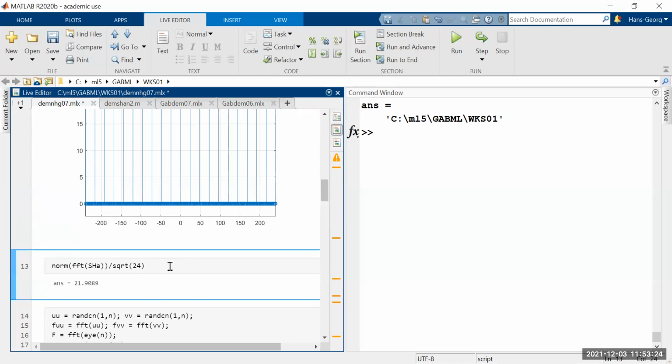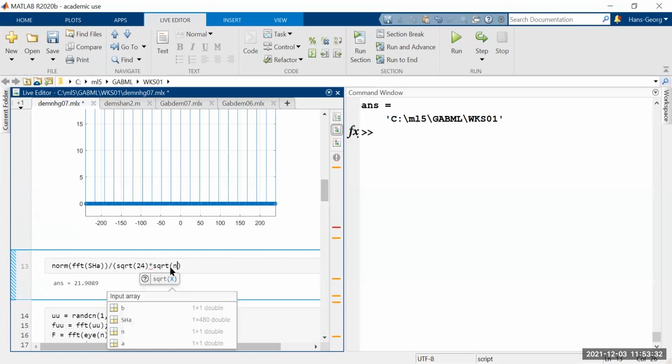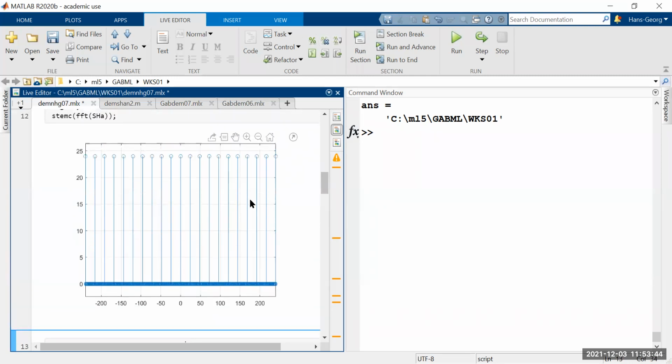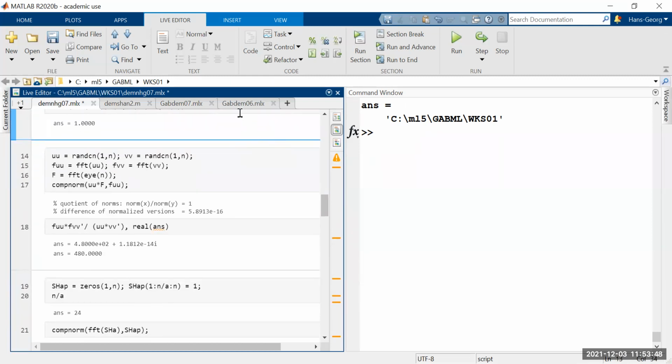Yeah, and then I should say, let's divide by square root of n, because we are one-dimensional, and we have a normalized Fourier transform, and then you will see it's okay. So you see that this explains if it's constant and if it's sitting on those 20 positions, then of course the value must be 24, so otherwise this doesn't work out.